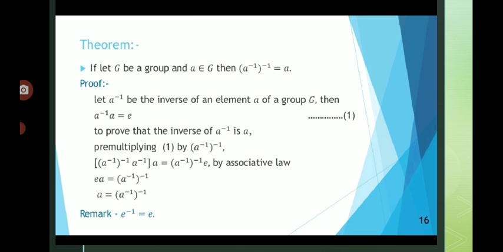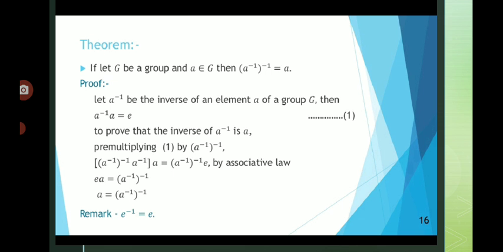Next theorem: in a group G, A is an element of G, then A inverse whole inverse is equal to A. Here A inverse is the inverse of A. Proof.